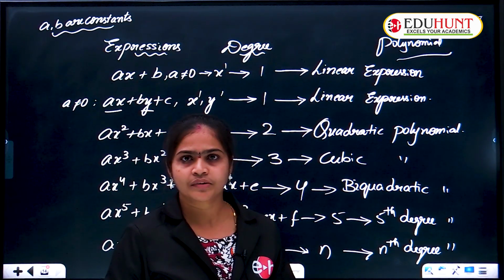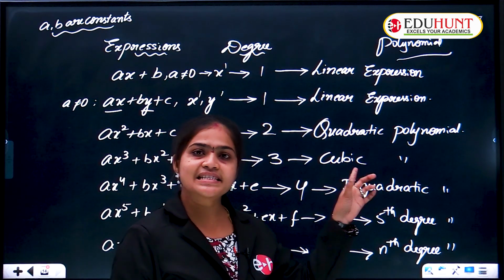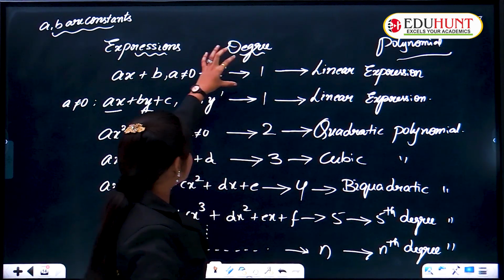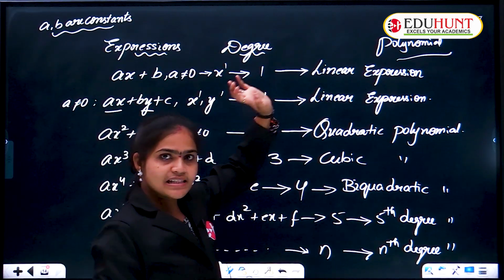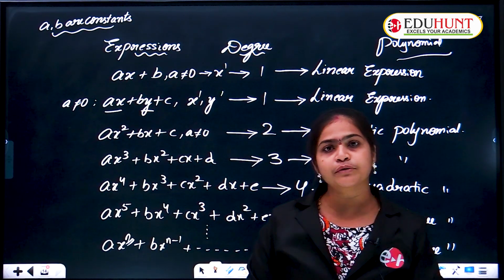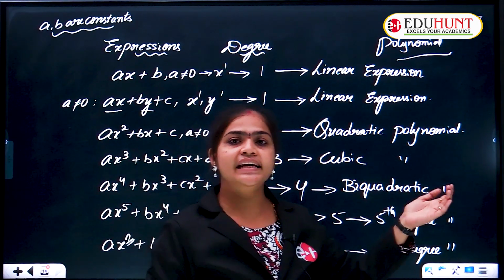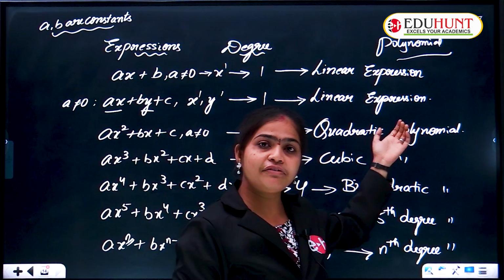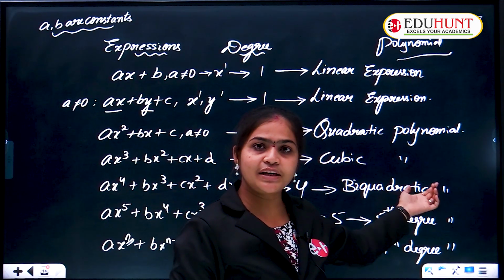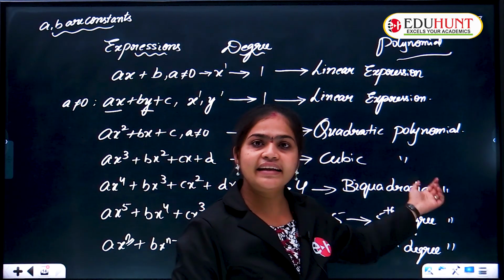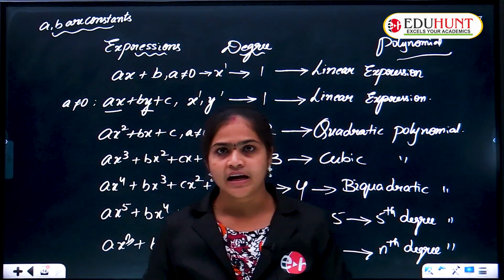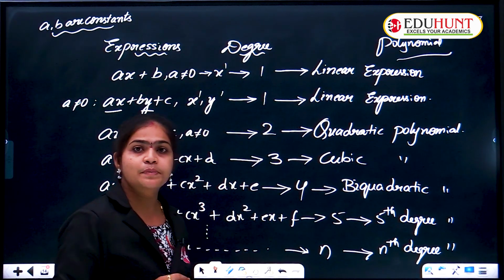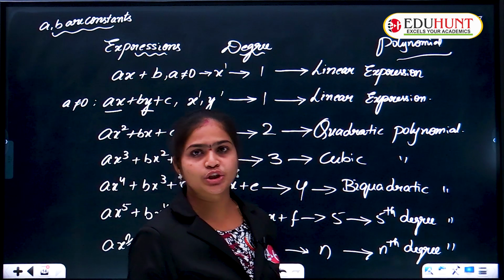After that, simple equations are the first type of equation. After simple equations, we have linear equations in 1 variable, linear equations in 2 variables, then quadratic equations, then cubic equations. Like that we have an order.